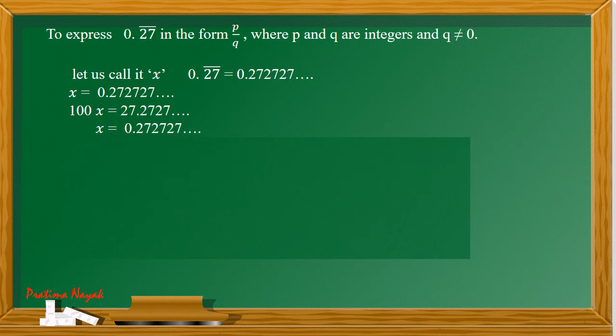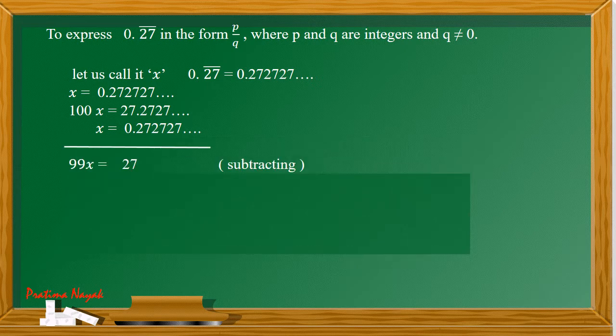Then I'll subtract x, same procedure. How much will I get? I'll get 99x on the left side, and you will see that all the decimal part will be 0. So it will be 27 minus 0. So 99x is equal to 27.